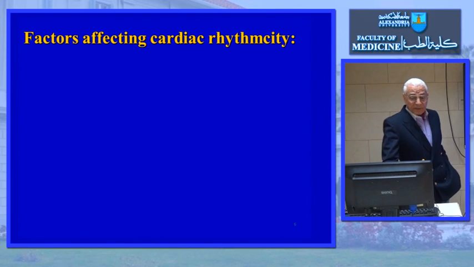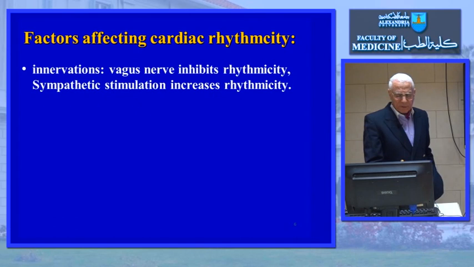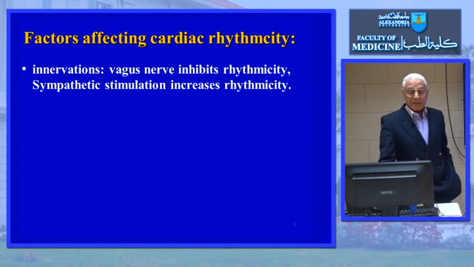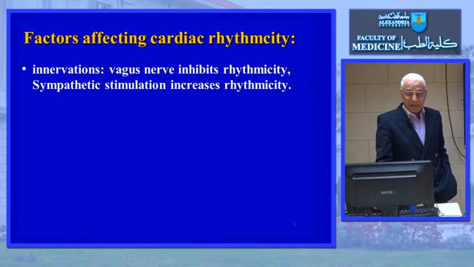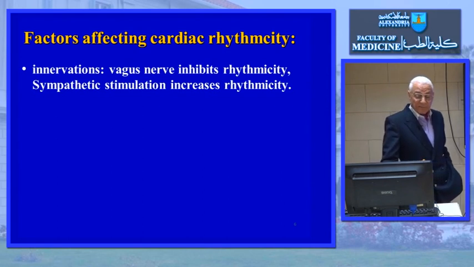Factors affecting cardiac rhythmicity. First one, innervation. As we know, the heart has a double autonomic supply, vagus, parasympathetic, and sympathetic. Vagus inhibits cardiac rhythmicity, slowing the heart rate, while the sympathetic stimulates or increases rhythmicity.